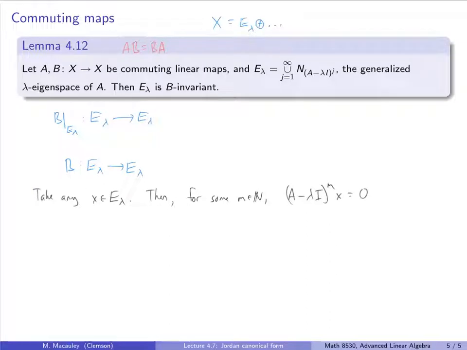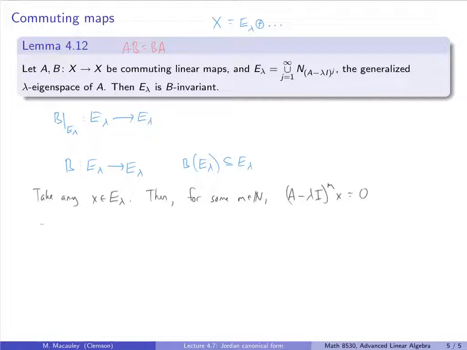That's what it means for x to be in this generalized eigenspace. It's a generalized eigenvector. Even if it's a linear combination of multiple basis elements from this generalized eigenspace, it's still a generalized eigenvector. So to show that B sends this space to itself, in other words, B of E lambda is contained in E lambda, we just need to show that B of x is still a generalized eigenvector of A.